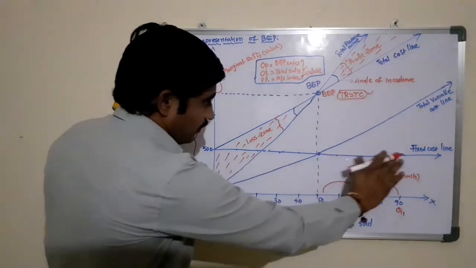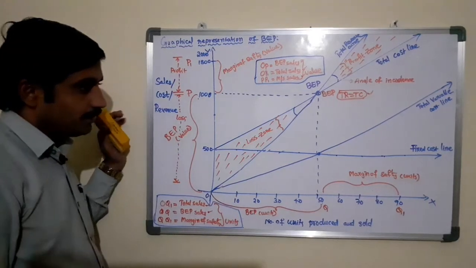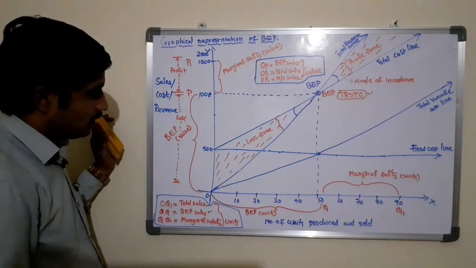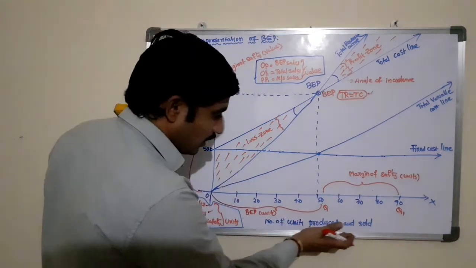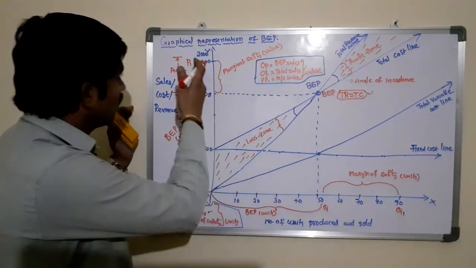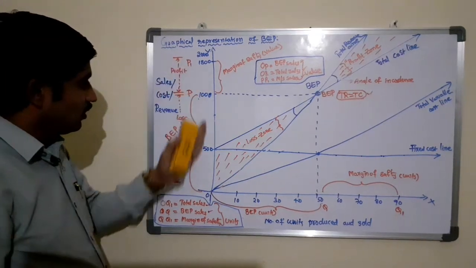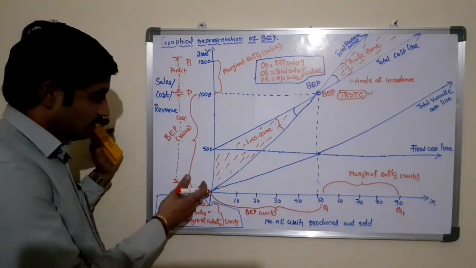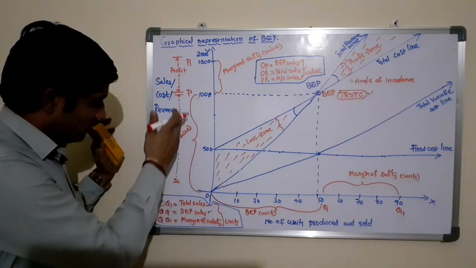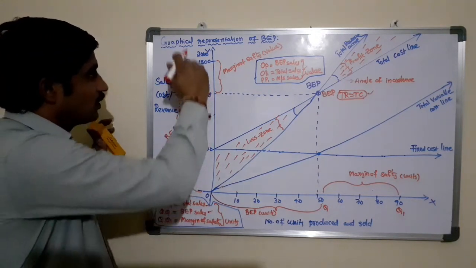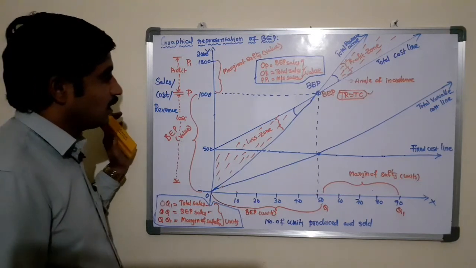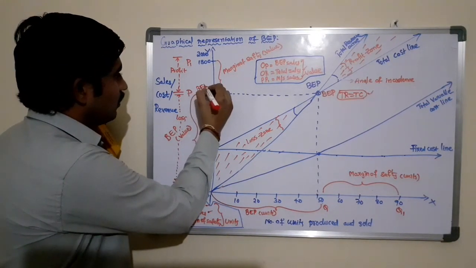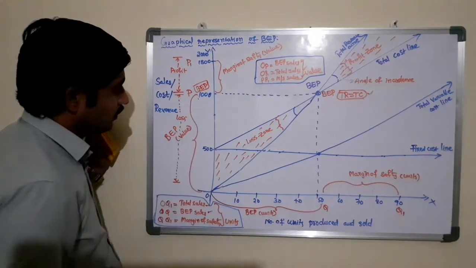Here fixed cost is floating from left to right horizontally parallel to the x-axis, and x-axis showing the number of units produced and sold, y-axis showing the total sales, cost, revenue in terms of value. Up to 1000 the company is attaining losses, after 1000 the company is generating profits. At 1000 break even point, this is our break even point in terms of value.